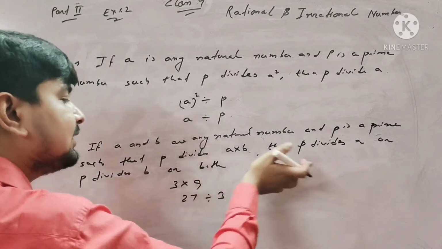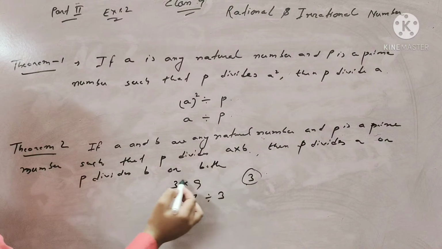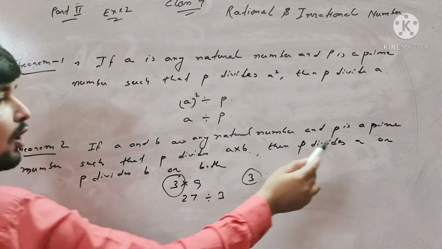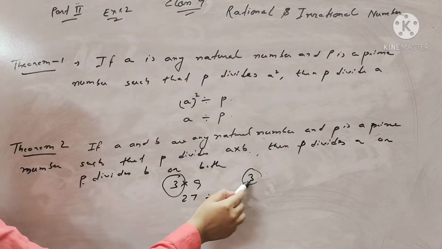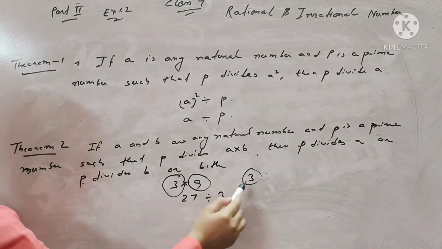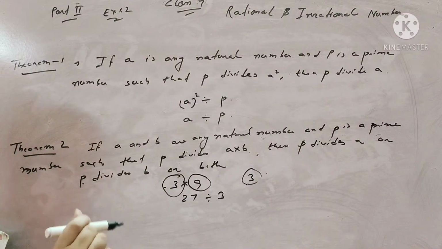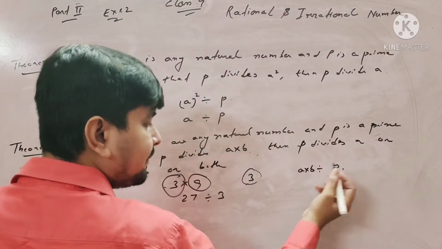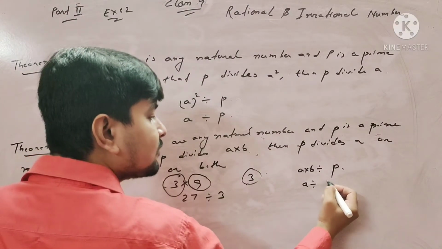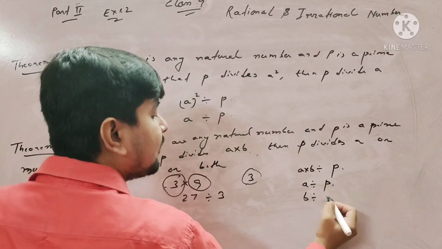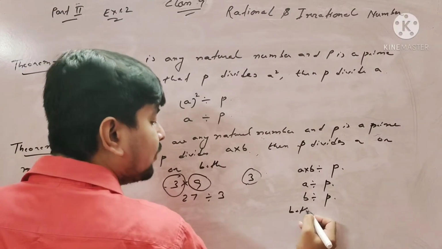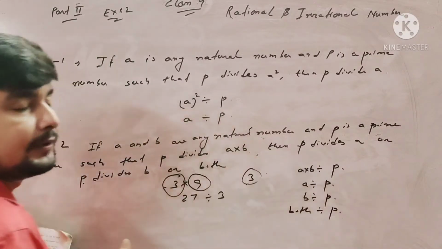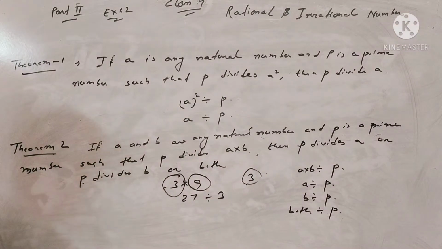Then p divides a also, or p divides b also, or divides both. Again I repeat, if the multiplication ab is divided by p, then a is also divided by p, or b is also divided by p, or both. Clear? Read the theorem first of all.